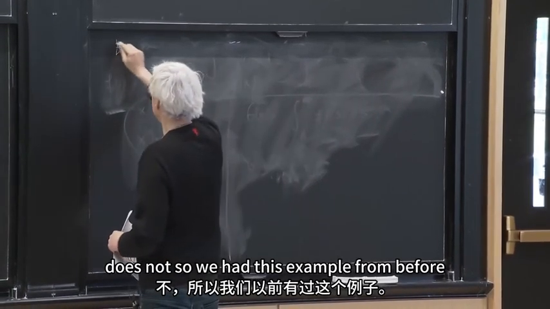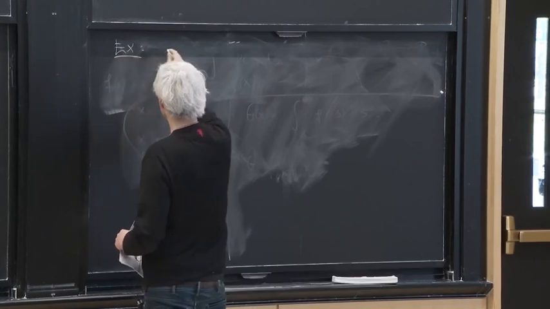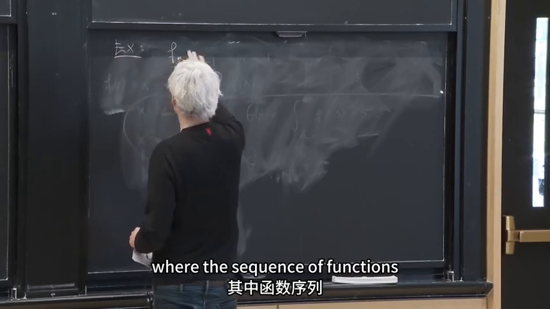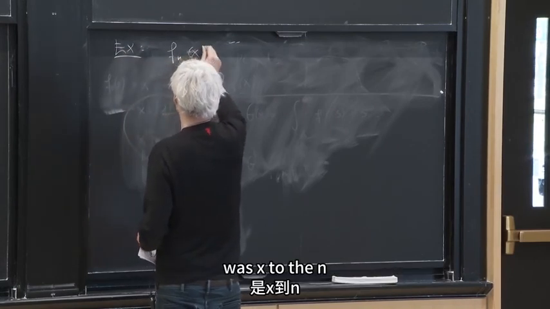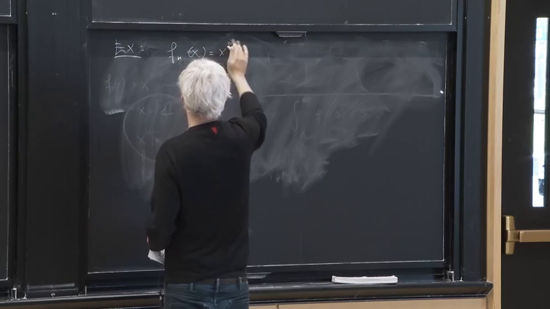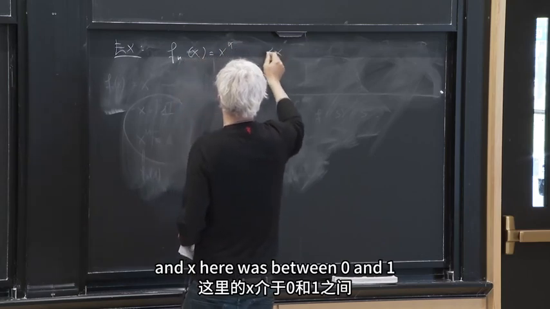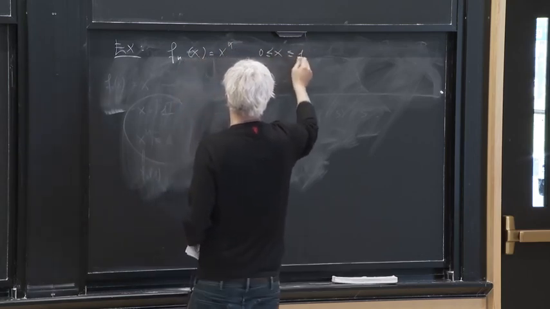So we had this example from before, where the sequence of functions was x to the n, and x here was between 0 and 1.